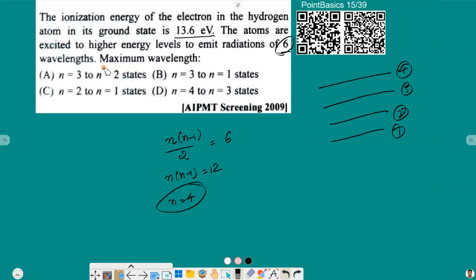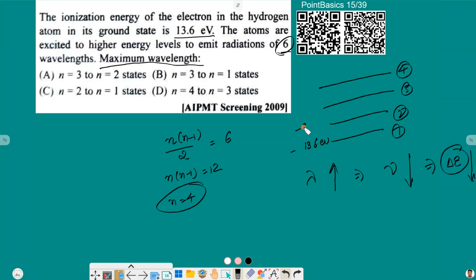Now, as mentioned, we need the maximum wavelength. So lambda needs to be maximum, and if lambda needs to be maximum, then frequency needs to be minimum. And if frequency needs to be minimum, it means the energy difference needs to be minimum. And where will we get the minimum energy difference? We will get it between two closely spaced levels. We know for the first level the energy is minus 13.6 electron volt.